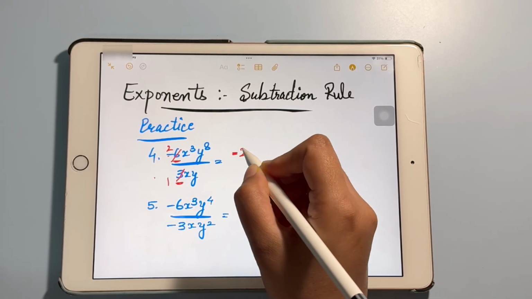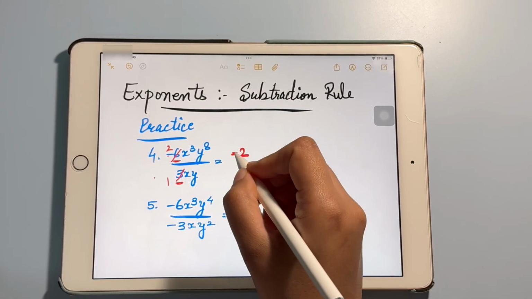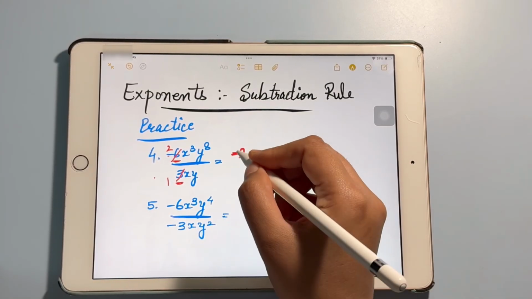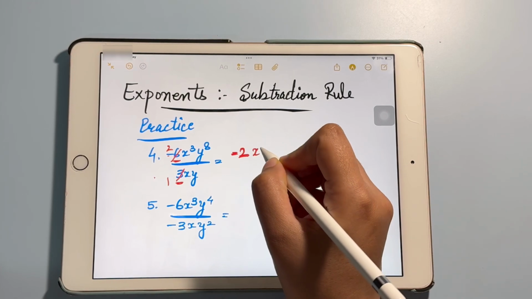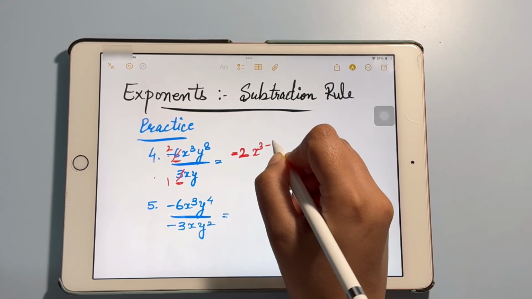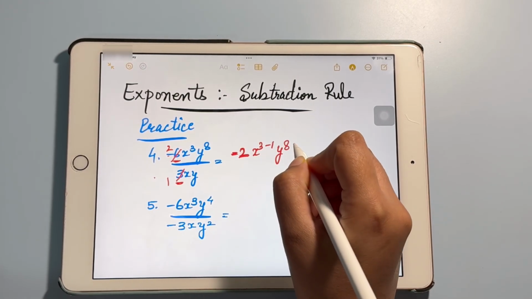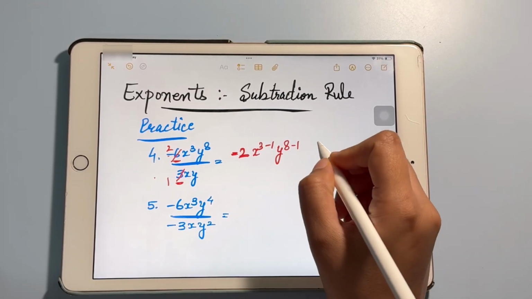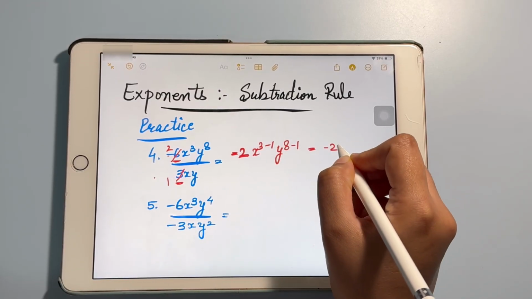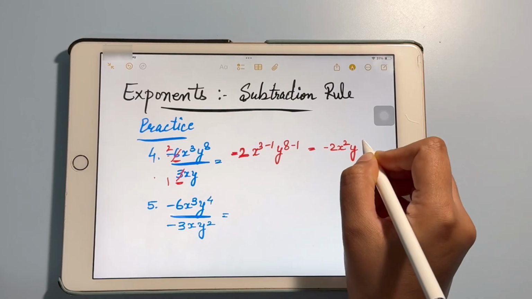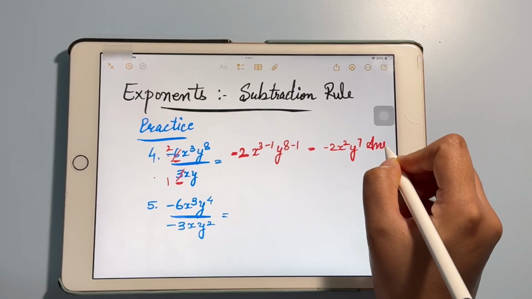The negative sign will be in the front. We will write down the negative sign first and then 2. x raised to power 3 minus 1, y raised to power 8 minus 1. Thus we get minus 2x square y raised to power 7. Answer.